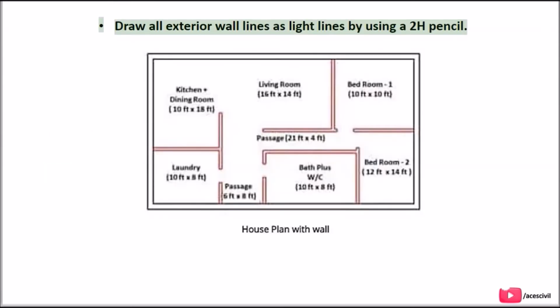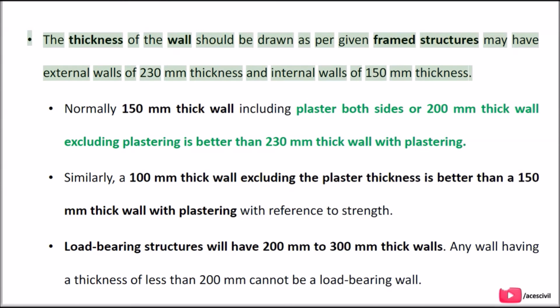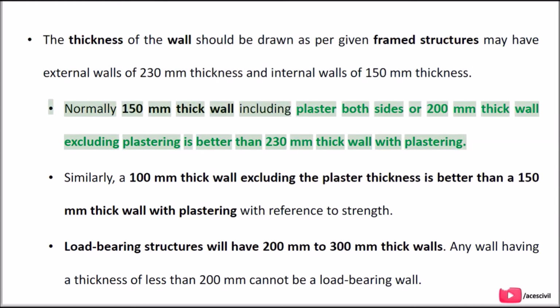Draw all exterior wall lines as light lines by using a 2H pencil. The thickness of the wall should be drawn as per given. Framed structures may have external walls of 230 mm thickness and internal walls of 150 mm thickness. Normally a 150 mm thick wall including plaster on both sides.